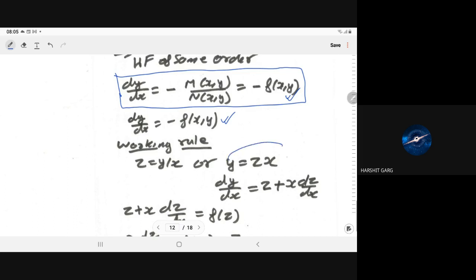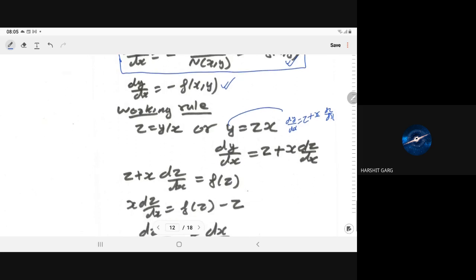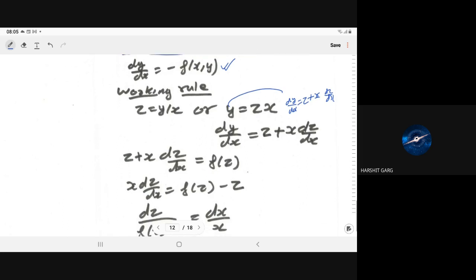From here we can write dy by dx, differentiating the right hand side by parts, as z plus x dz by dx. So dy by dx equals z plus x dz by dx. If we put this in the equation, the left hand side becomes z plus x dz by dx, equal to f(z).